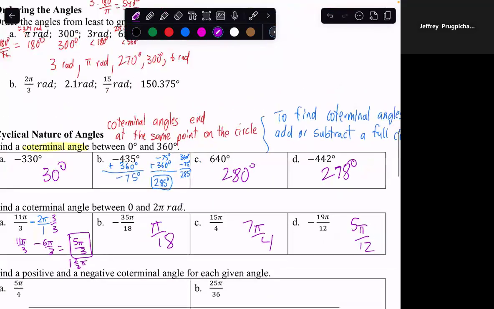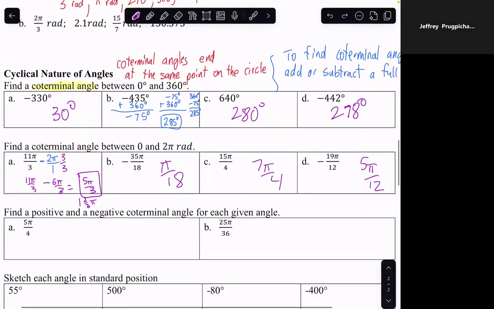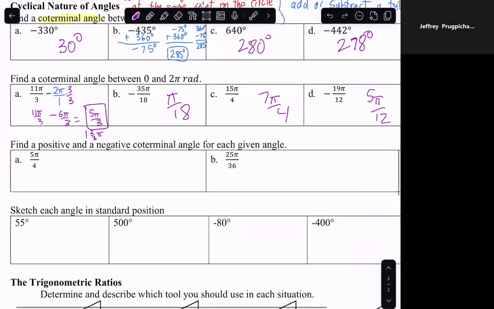Please be aware that you may think it's being picky, but if you do not put the degree symbol, that will be marked incorrect, because that's kind of the whole point of this, that degrees and radians are different. If you don't put the degree symbol, then you're telling me it's radians. So just be careful.